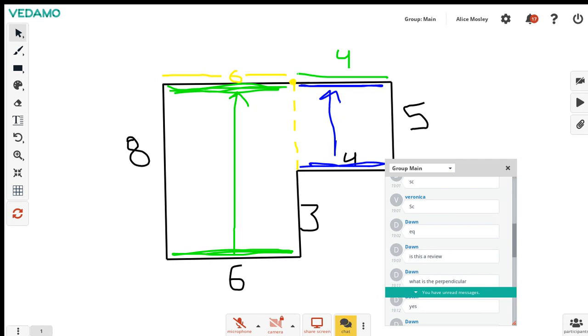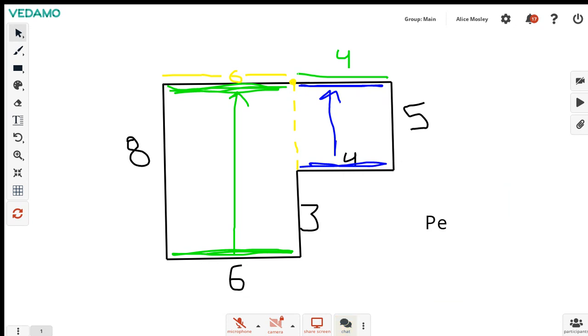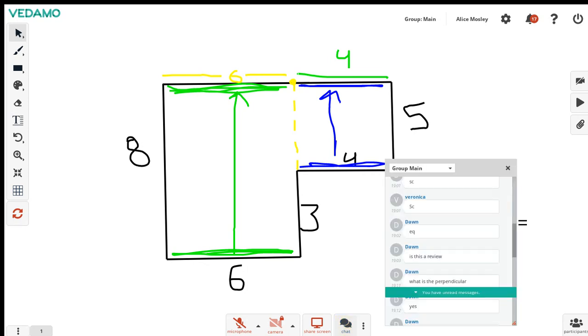The question is, can you all find me the perimeter of this? Okay, I'm waiting for answers, people.